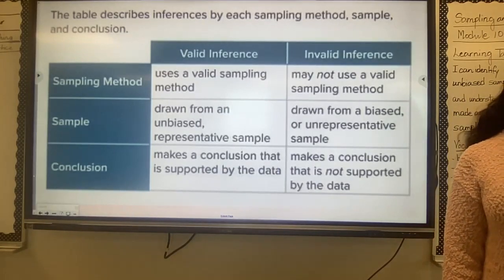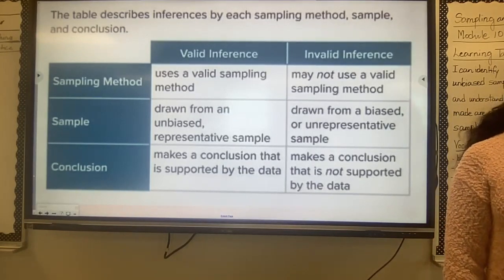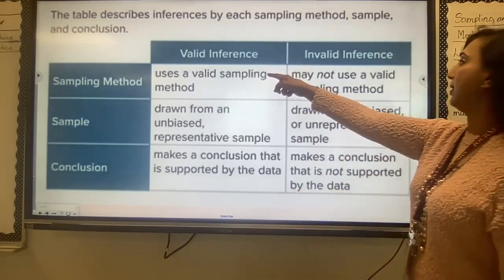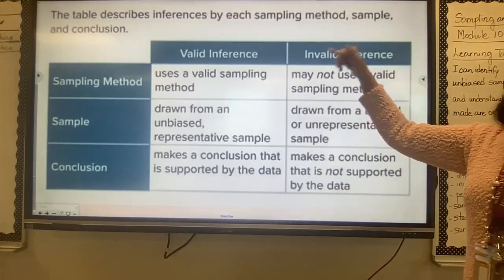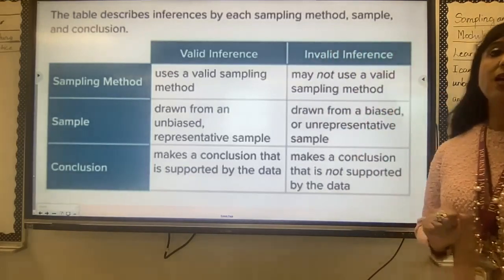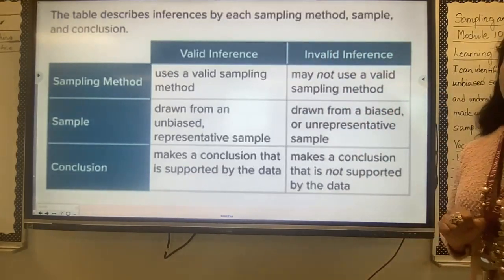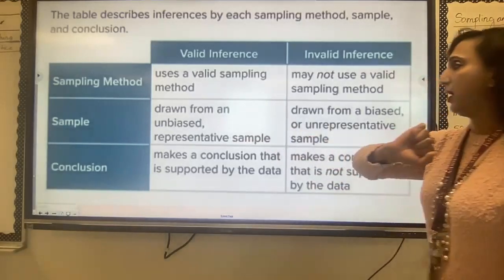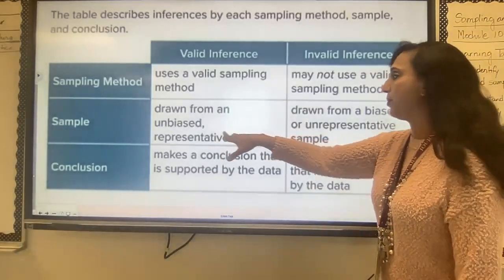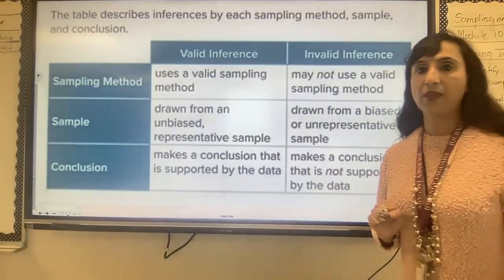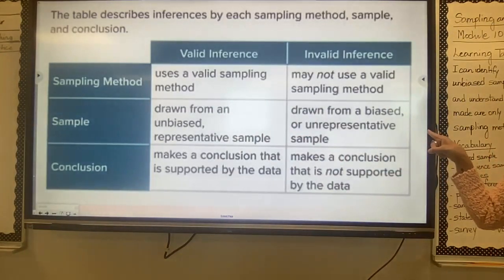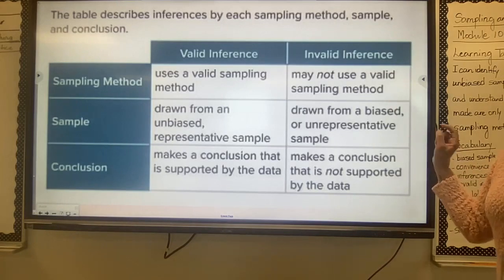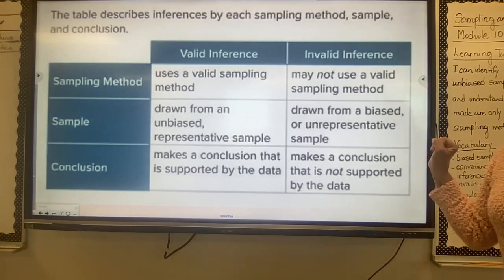The valid inference uses a valid sampling method, and the invalid one may not use a valid sampling method. So that's different, valid and invalid. The sample is drawn from an unbiased population or unbiased representative sample. And this one is drawn from a biased or unrepresentative sample. That's why it's an invalid inference.